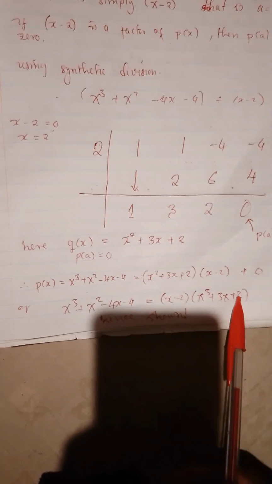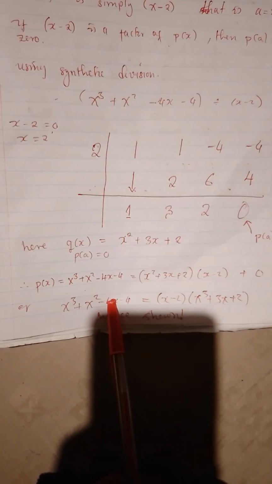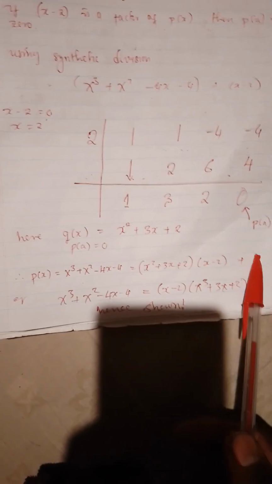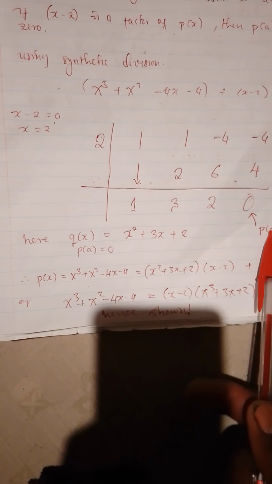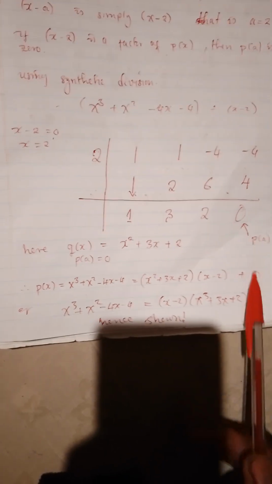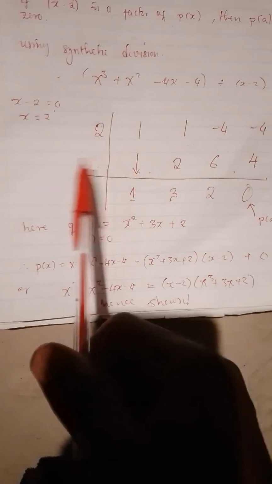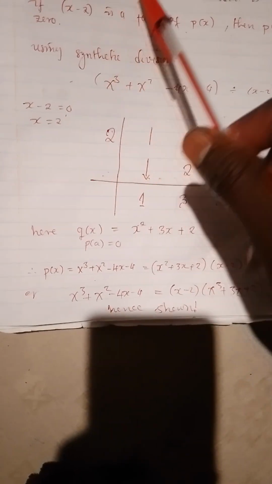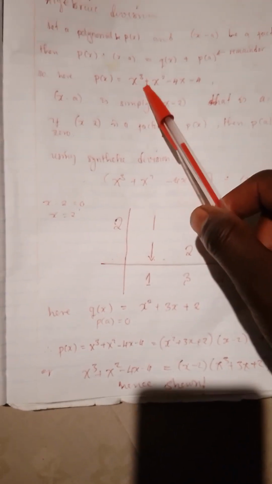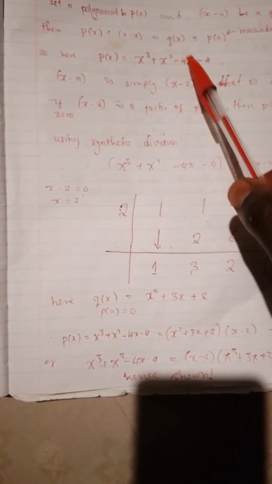If you multiply these two, you get a polynomial of x, and the 0 here I've added because it's the remainder, to show you that the remainder is 0. So if you get the remainder to be 0, that means you've shown that indeed x minus 2 is a factor of x to the power 3 plus x squared minus 4x minus 4.